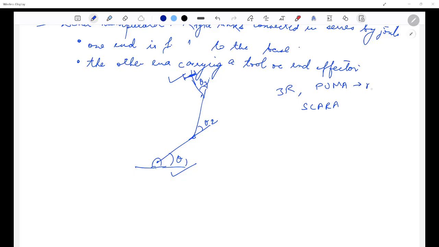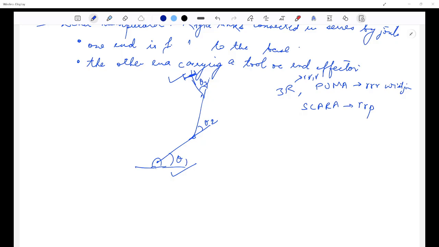Puma has RRR, and then there are 3 wrist joints. 3R has all RRR and Scara has RRP. R means revolute joint and P means prismatic joint, right? Prismatic joint means you'll be able to translate only, and revolute joint means you'll be able to rotate around the axis along which the joint is there.